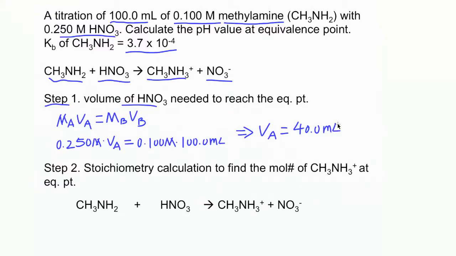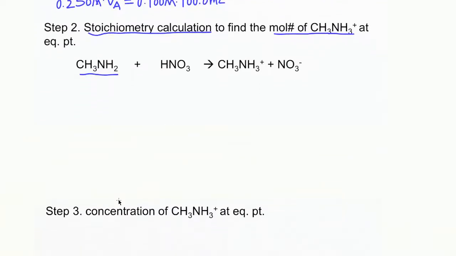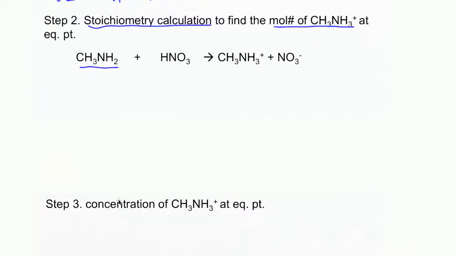Alright, step 2. Stoichiometry calculation for the mole number of this weak acid at equivalence points. This is the equation that we need to use to do the calculation. Remember the chart we need to use to do the stoichiometry calculation: before reaction, change, and after reaction.